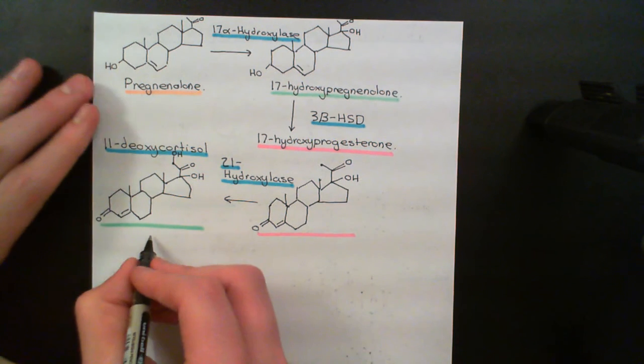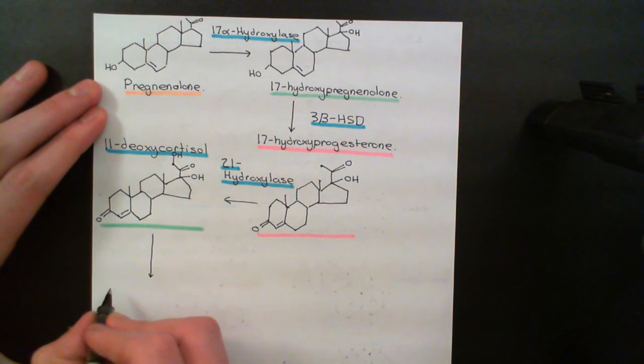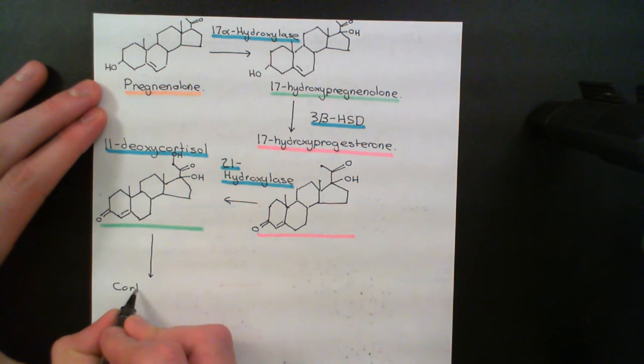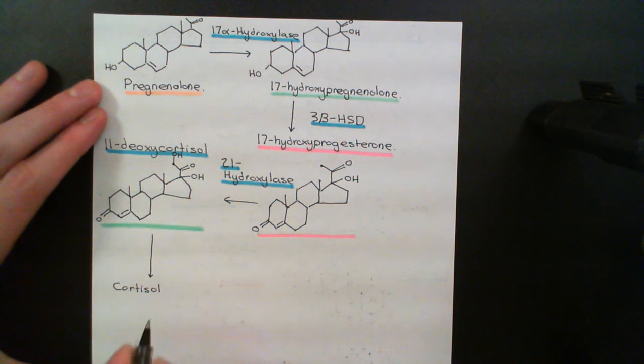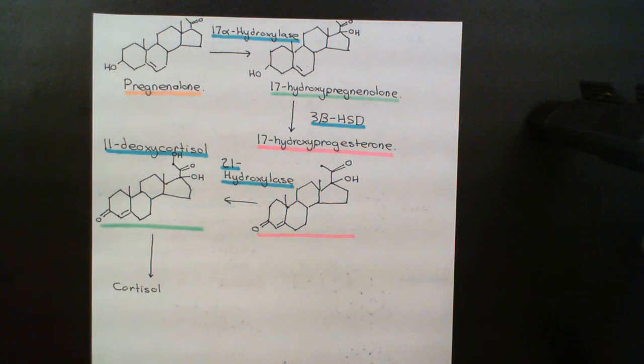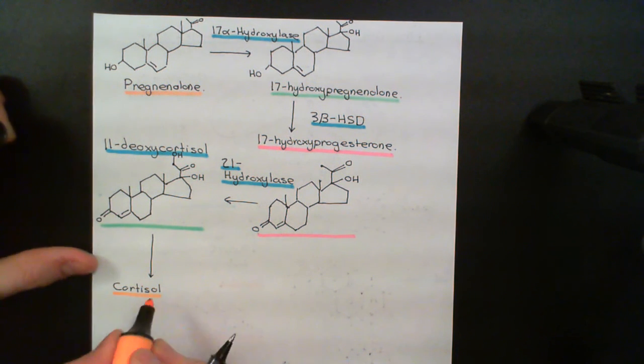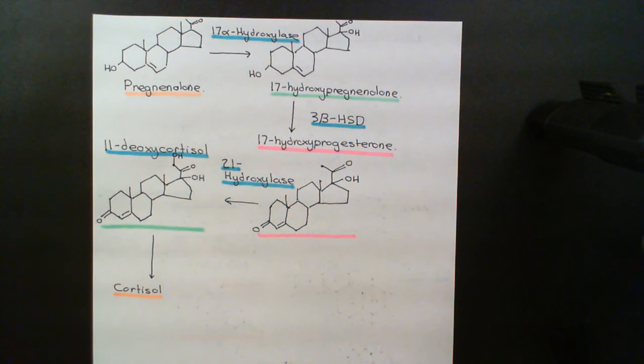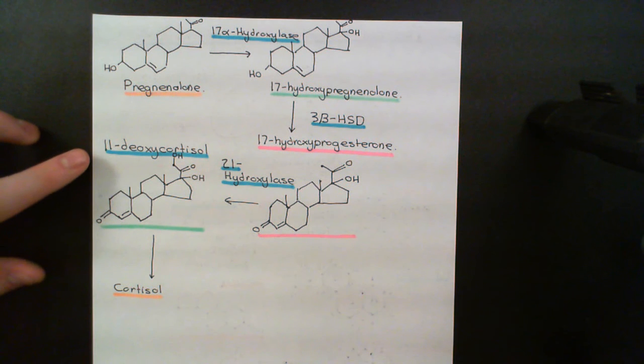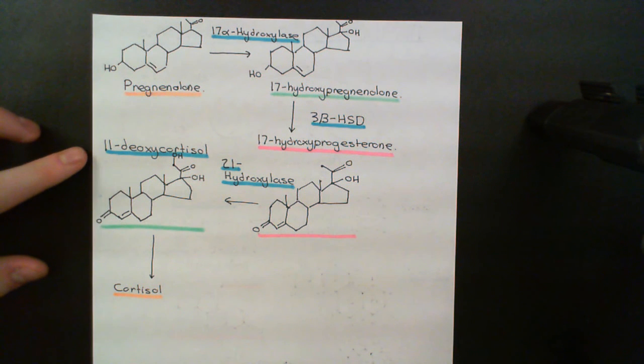All we need to do now is one more conversion to convert 11-deoxycortisol into our final steroid molecule, which is cortisol, the glucocorticoid that's going to be secreted into the bloodstream. So how do we do this final conversion then? We are going to quite simply put another alcohol group in, and where do you think it's going to be?